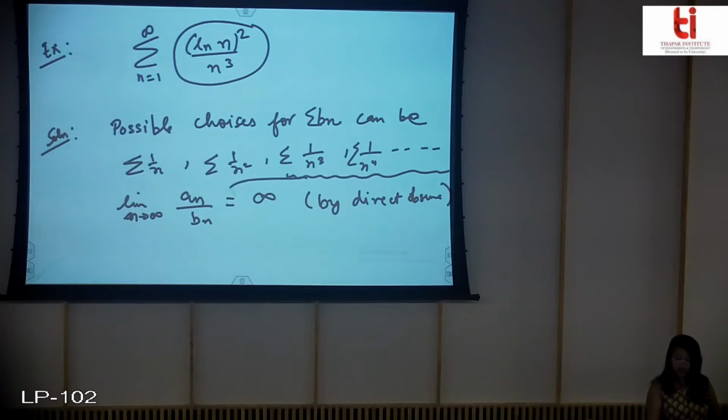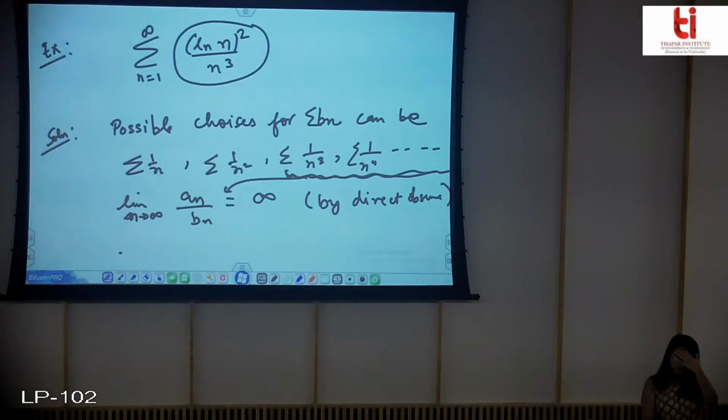When you take the series which is like 1 by n cube or 1 by n to the power 4 and so on, if you take any such series, you will see that when you find the limit of this ratio, it is coming to be infinite.